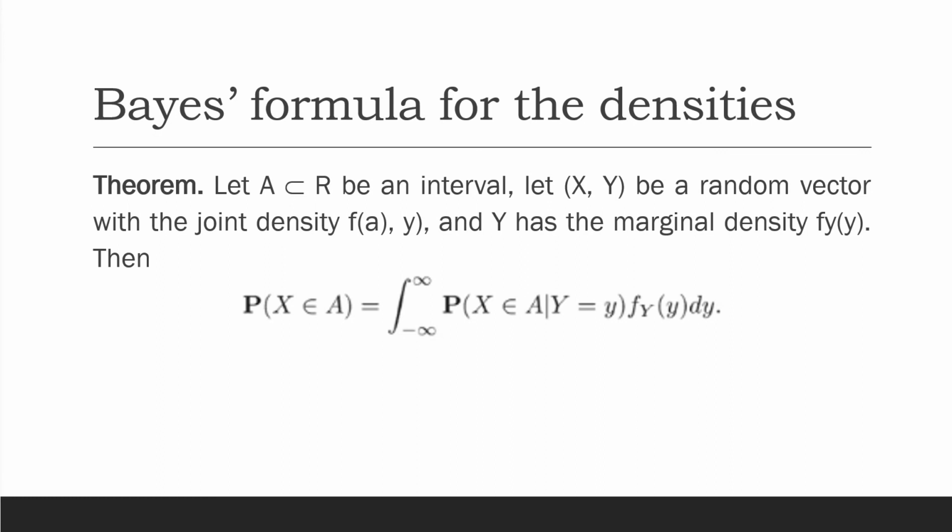This is equal to the integral of f of y dy from negative infinity to infinity, times the integral over A of the conditional density of x given y dx, which is equal to the integral of f of y times the probability that x is an element of A given y equals the point y, from negative infinity to positive infinity.